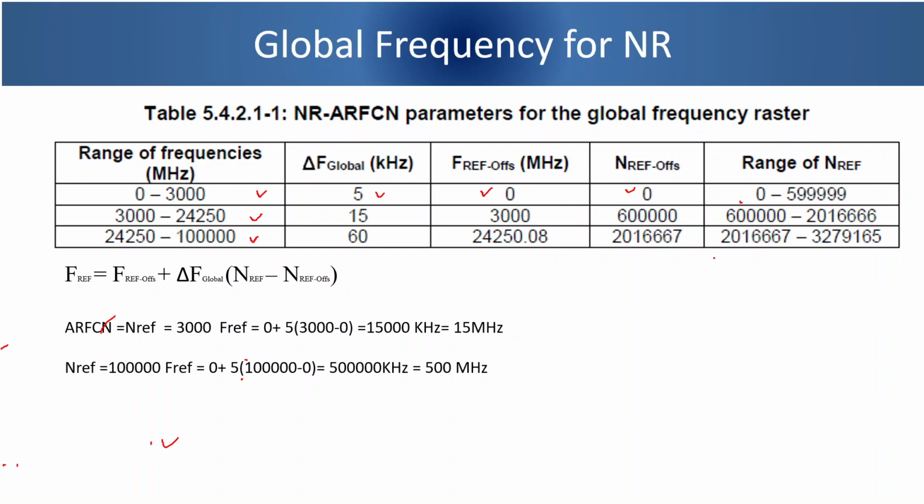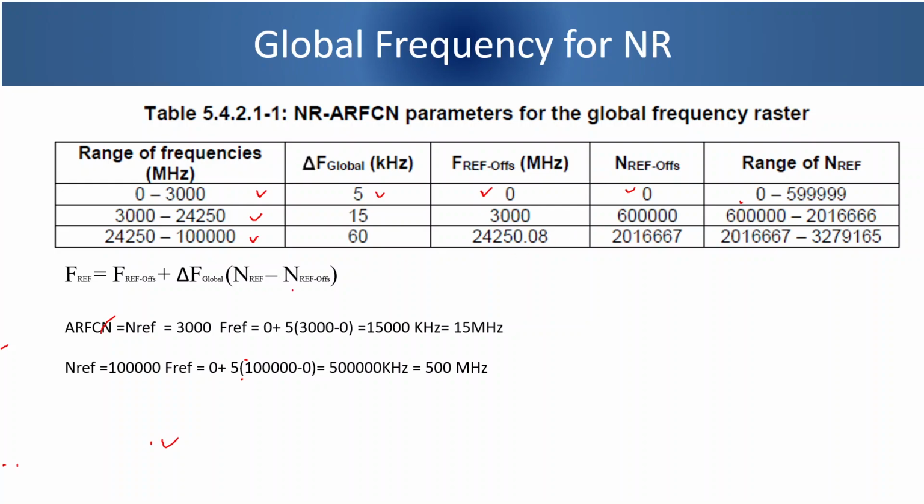Similarly, if your ARFCN value is 6 lakh, then how do you calculate? Here you have to take delta F as 15, and take the frequency reference offset as 3000. This FREF offset is 3000, and then NREF minus NREF offset. NREF offset is 6 lakh, right?